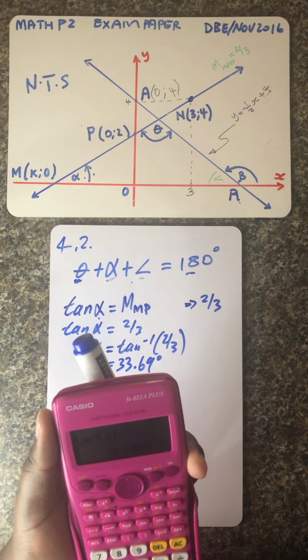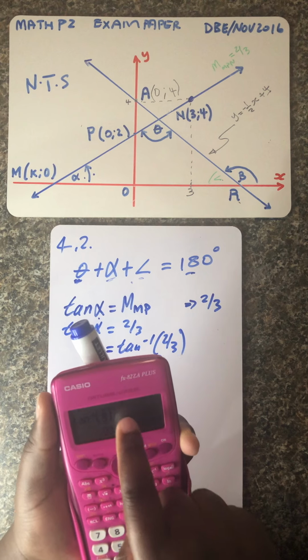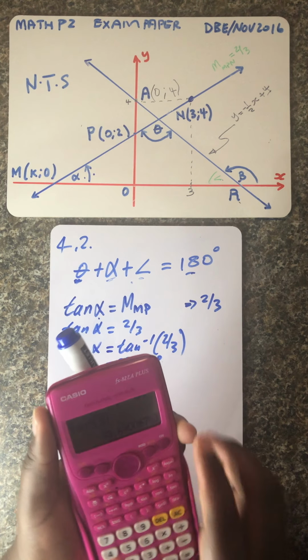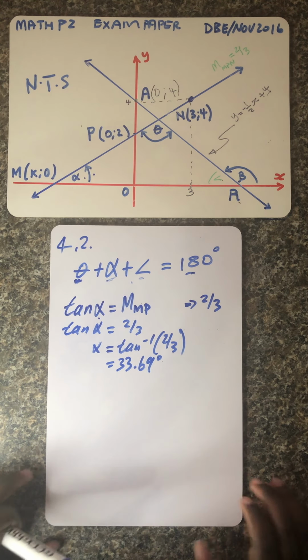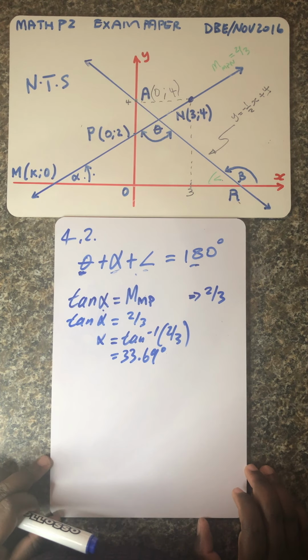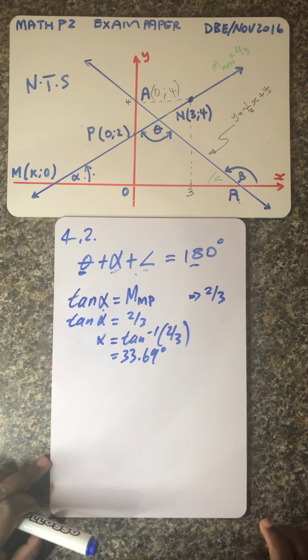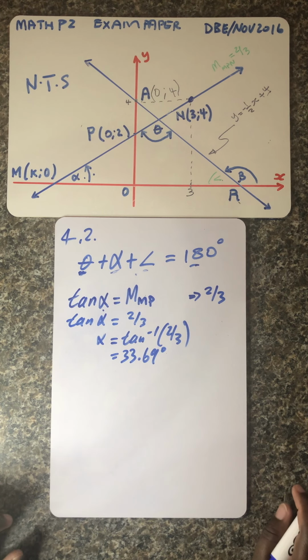So please, at all times when you're writing this question paper, just make sure that your calculator is in degrees. In most cases you find brilliant students losing a lot of marks on maths question papers simply because they forgot to set their calculator in degrees. Okay, never forget that part.